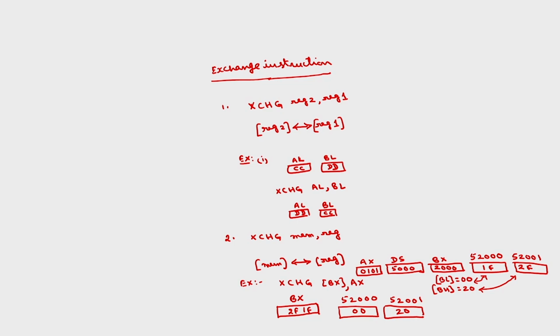So the next instruction in the data transfer group is XLAT. Here nothing is mentioned, no register, no memory, but the operation inside it is on AL contents. It will operate on AL only.